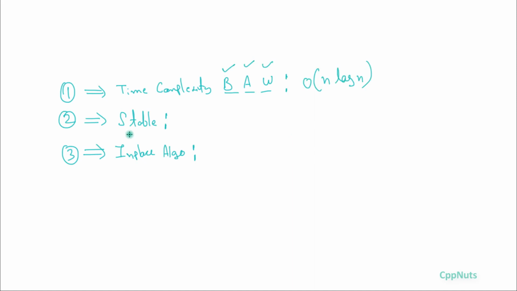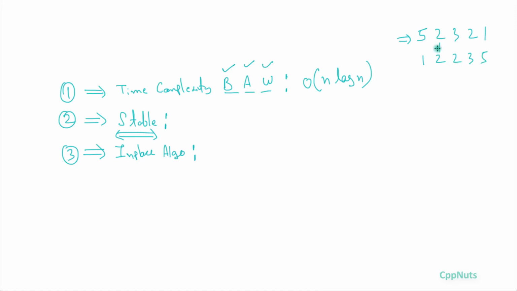Okay. And is this algorithm a stable algorithm? If you don't know what is stable algorithm, stable means if your array is like this, 5, 2, 3, 2, 1. So you can see if you sort this array, it would look like 1, 2, 2, 3, 5. Okay.